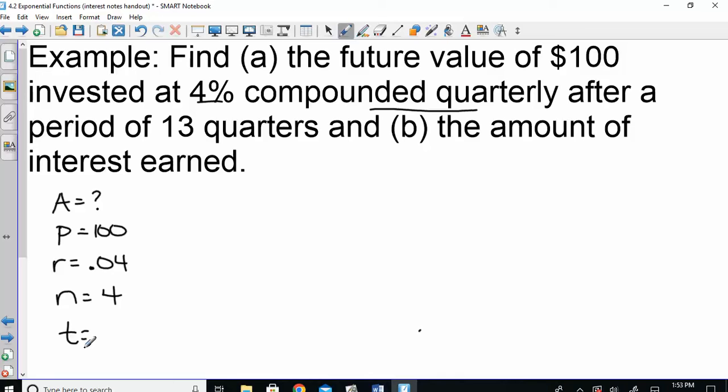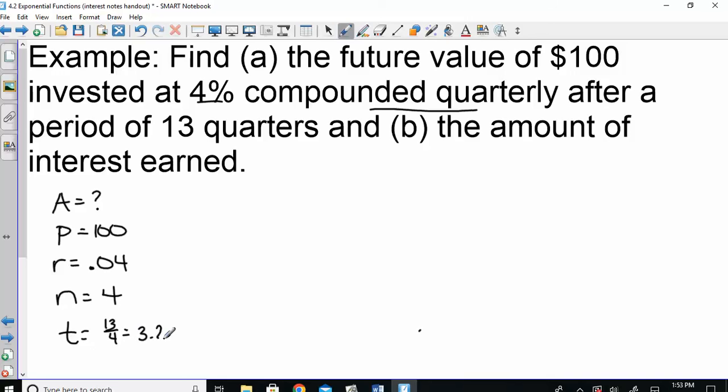All right, after a period of 13 quarters. So that's giving me my time. But time has to be measured in what? Years. So how do you change 13 quarters into years? Just divide by 4. There are 4 quarters in a year.